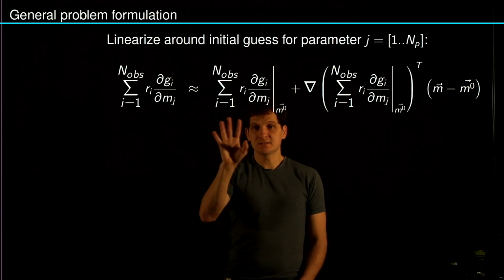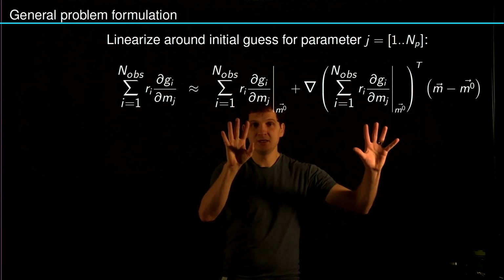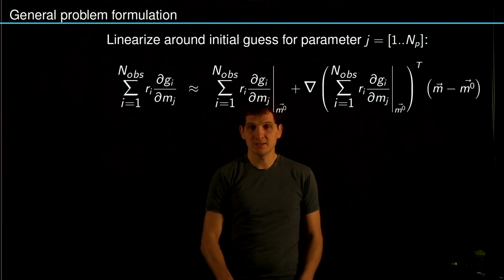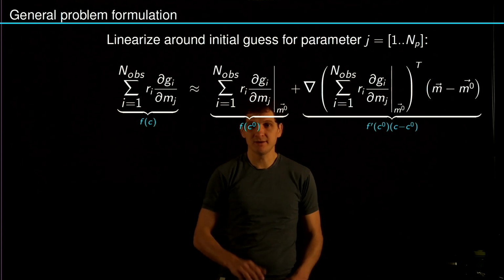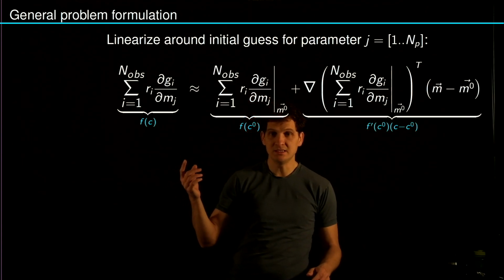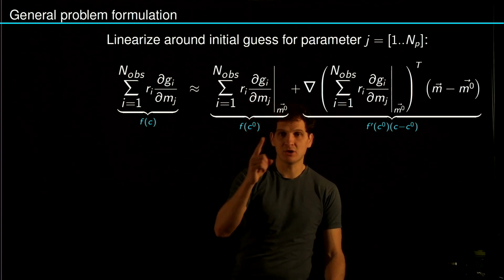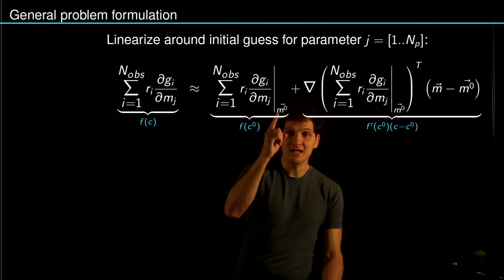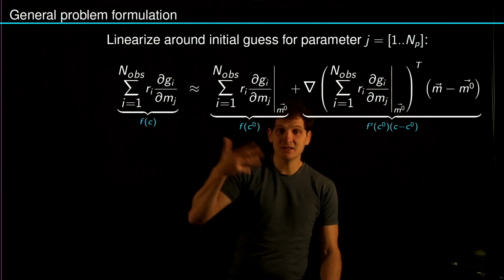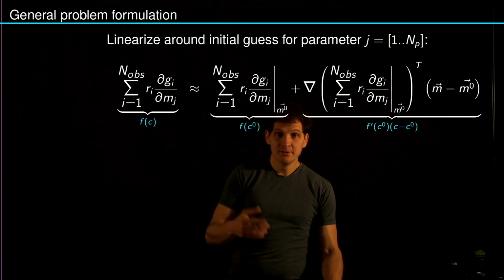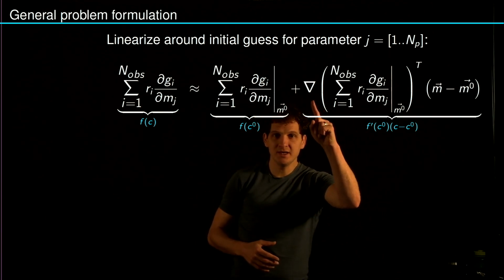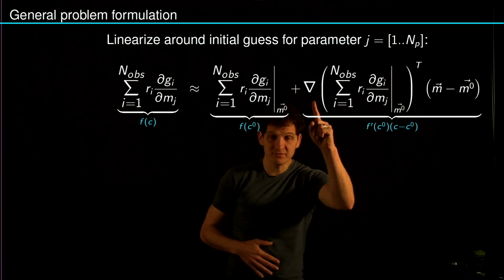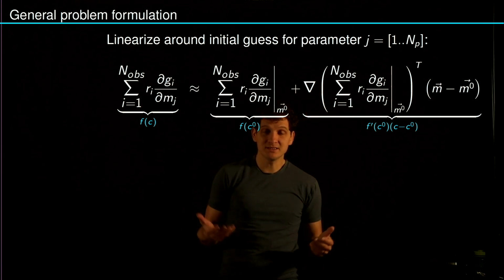So this is the constant term, and here is the slope. So you can associate those terms with what we've just seen previously. So this is the constant. So this is just a number because we evaluate all the derivatives at our initial guess. And over here we have the local slope of the function, which is now represented with the gradient.